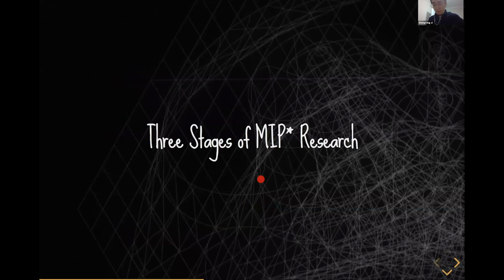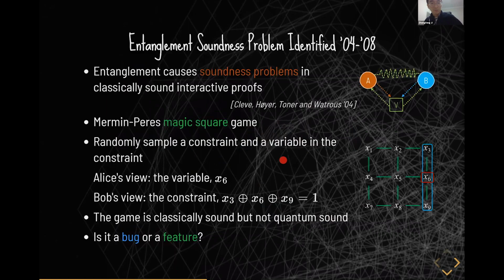Okay, so I've spent a lot of time. Maybe I should speed up. I'll give you a very quick overview of 3 stages of MIP* research. In the beginning, in the first 5 years, there's not much known other than that there will be a soundness problem. The soundness problem is because once you have entanglement, the players can play more tricks.